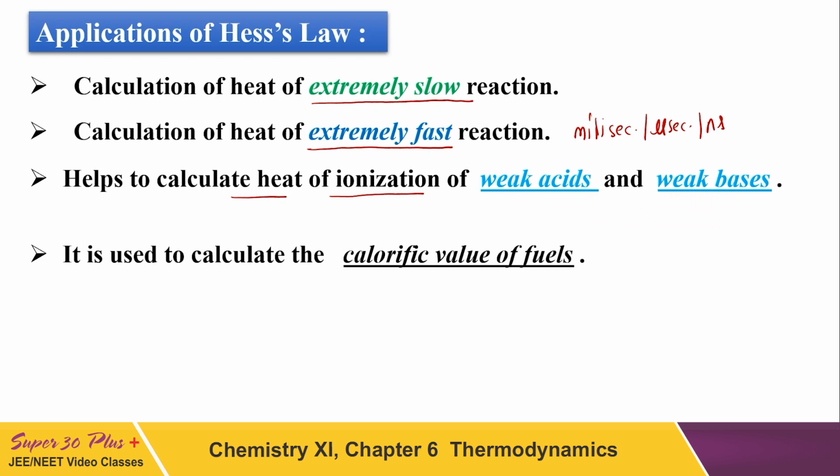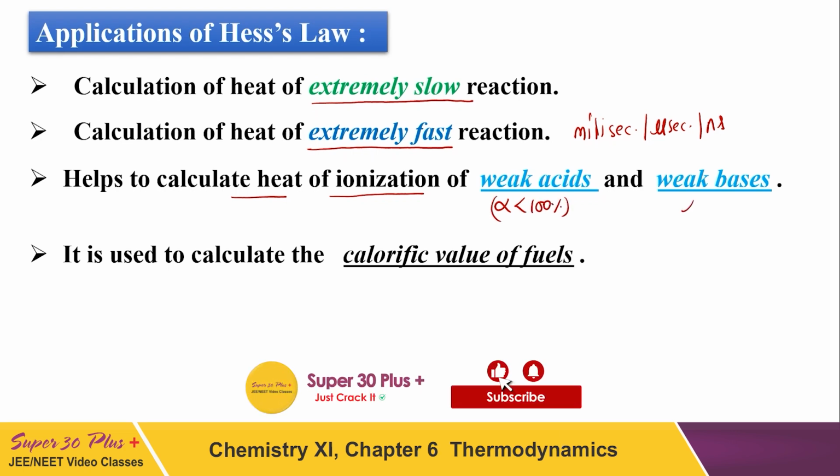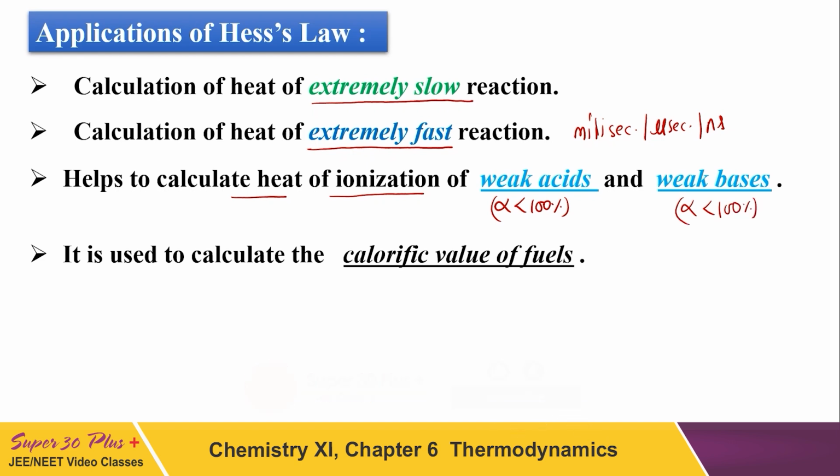You know, weak acid for which alpha is less than 100%, and for weak base also degree of dissociation alpha is less than 100%. So we can calculate the heat of ionization of weak acids and weak bases with the help of Hess law.